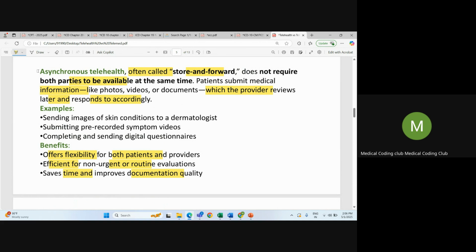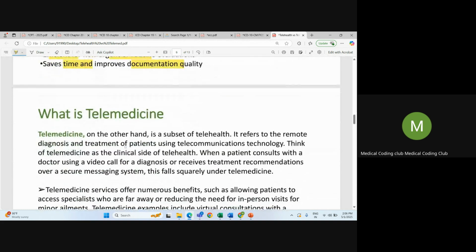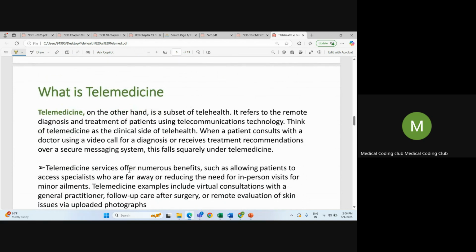As I mentioned, we have a separate code for asynchronous telehealth. Next, let's understand what telemedicine is. Are telemedicine and telehealth the same? This is a question I keep getting. In telehealth, we have discussed synchronous and asynchronous service.